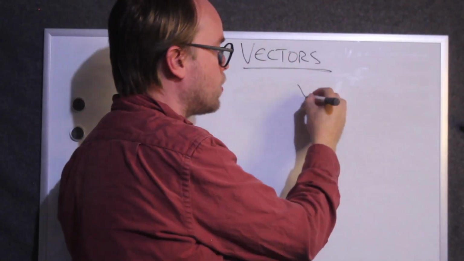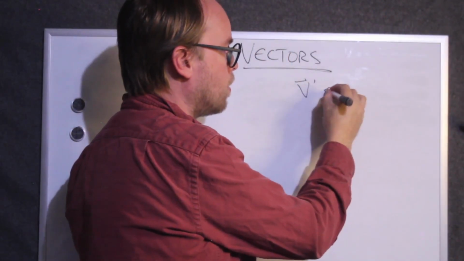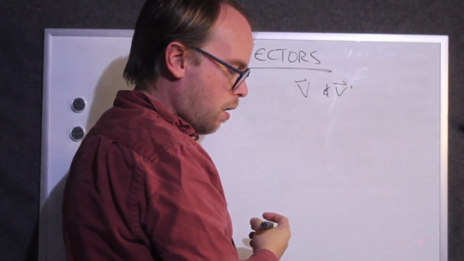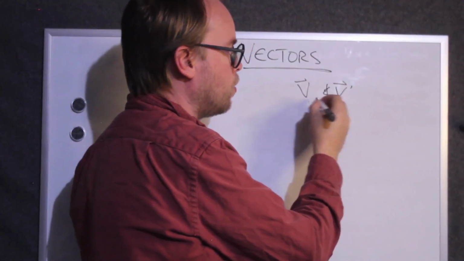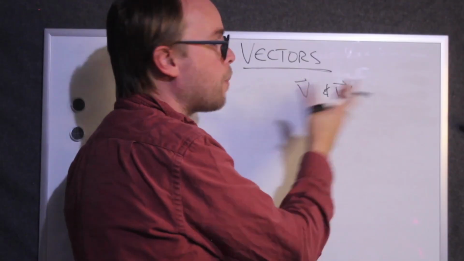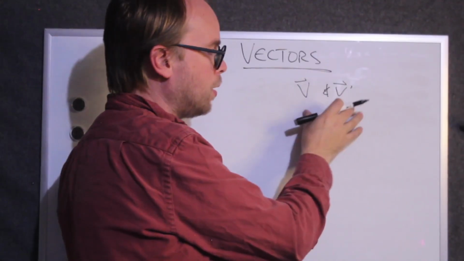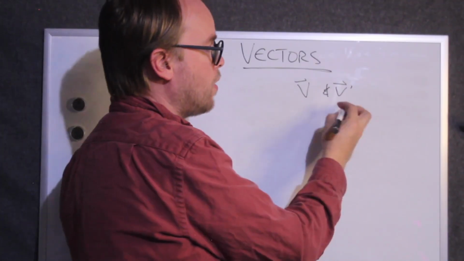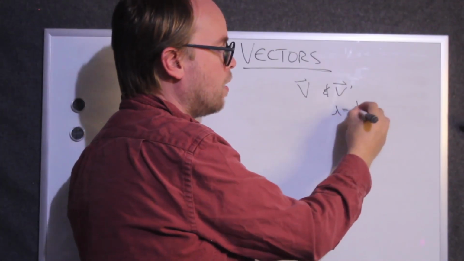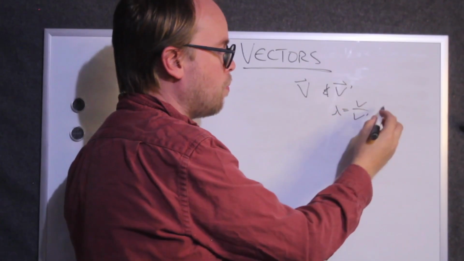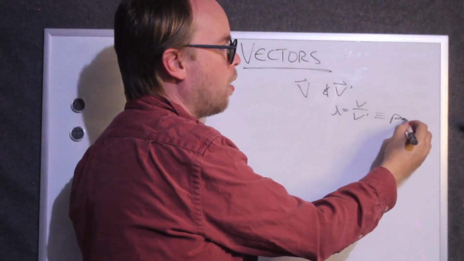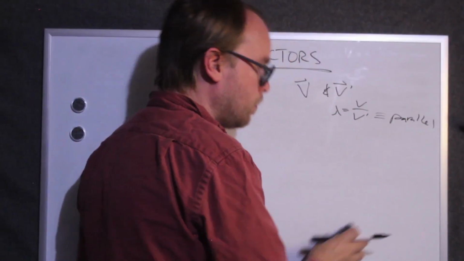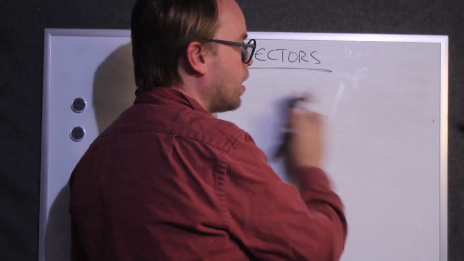If you have two vectors that have this relation, where one can be multiplied directly into the other and it's equivalent, then they must be parallel. They'll be different lengths, but they're parallel.